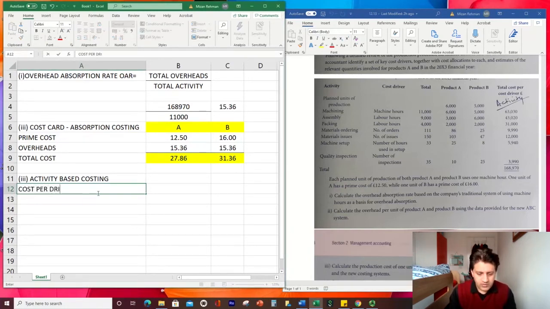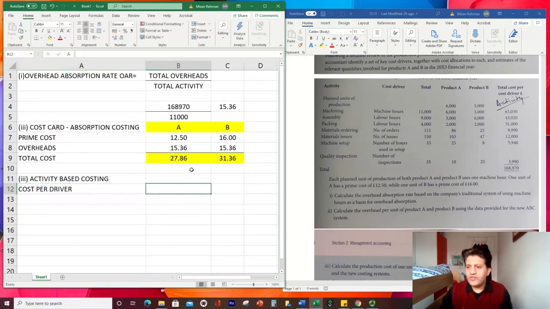Cost per driver. Some questions do have this total column given. Some questions will give you only drivers for A and B, and they would ask you to calculate the total, which is a bit of a nuisance, but a question like this has easy marks for simply adding up two things. So the cost per driver would be simply the total cost of each activity divided by its drivers.